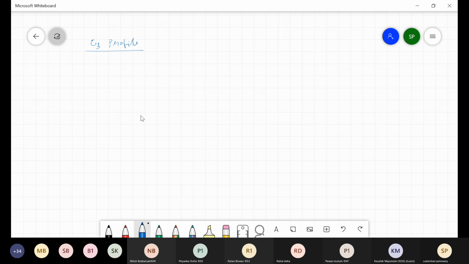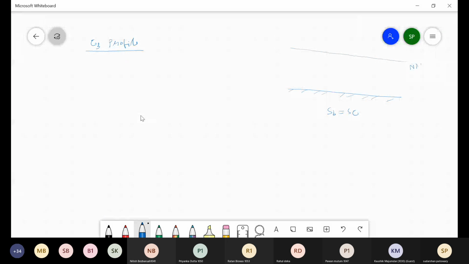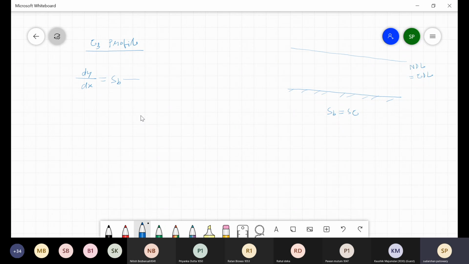C3 profile. dy by dx is equal to SB times (1 minus (yn by y) whole cube) by (1 minus (yc by y) whole cube).